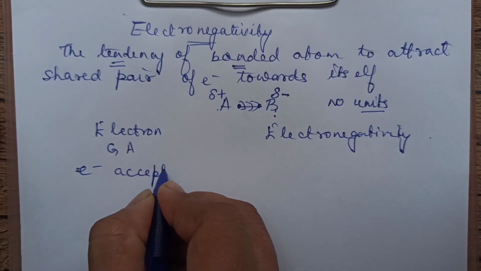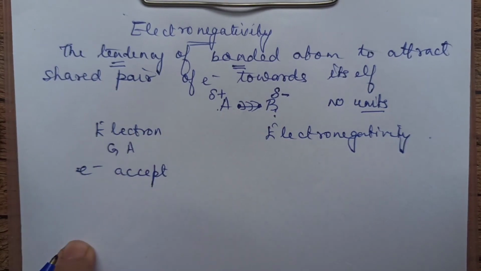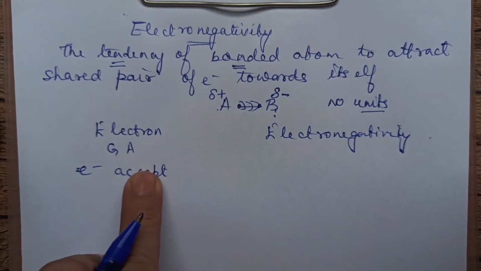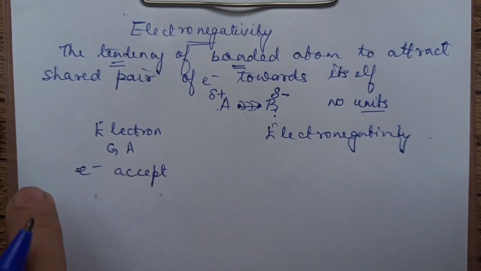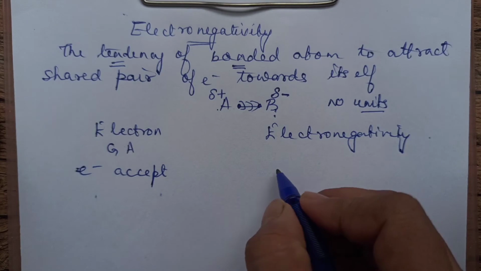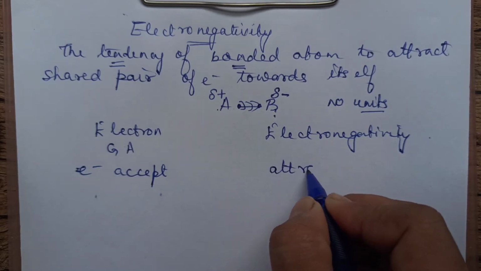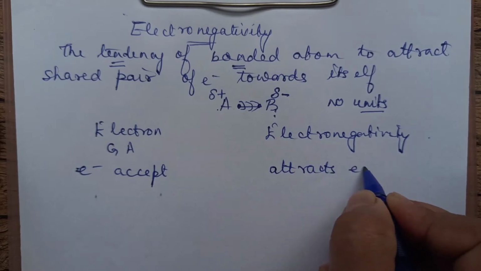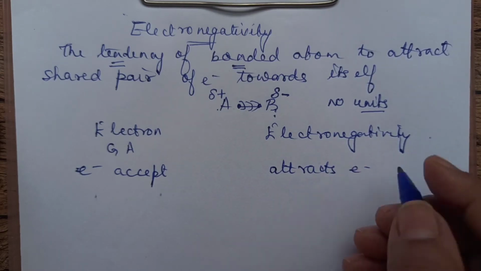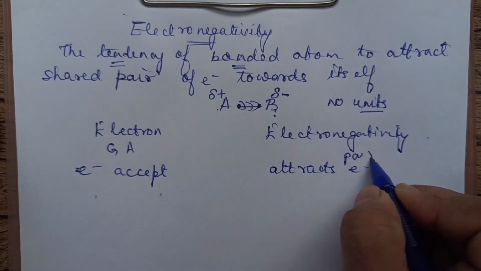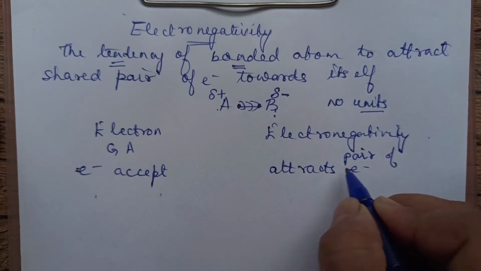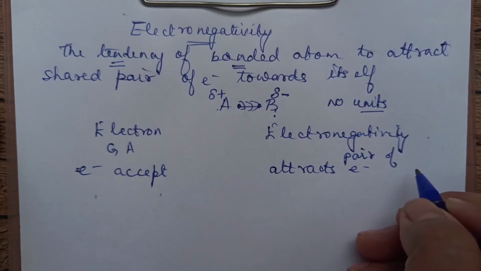That means one atom accepts the electron, not a pair, accepts electron, whereas here one atom attracts electron. It is talking about attracting a pair of electron towards itself.